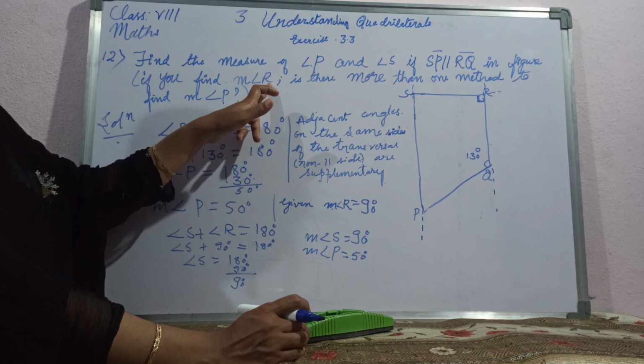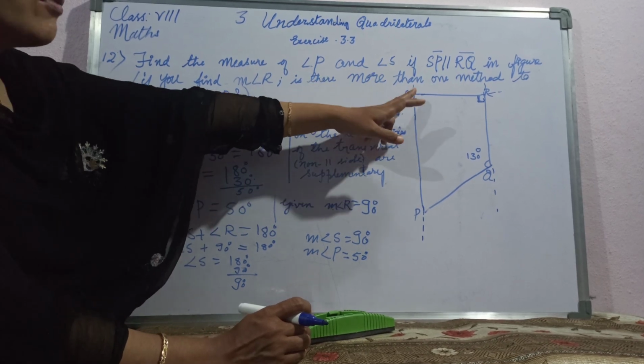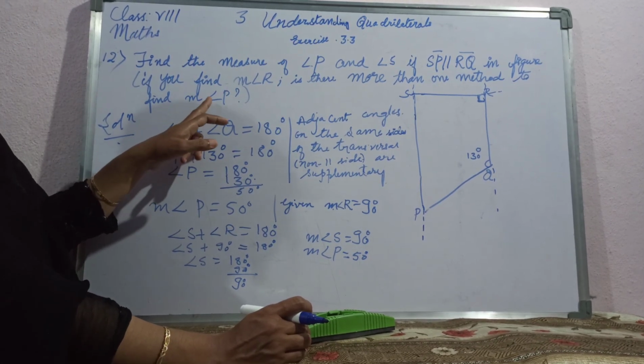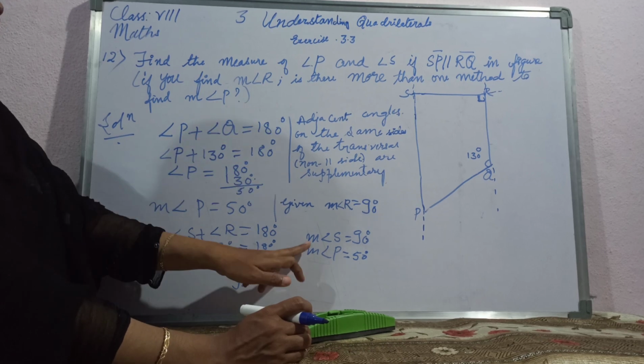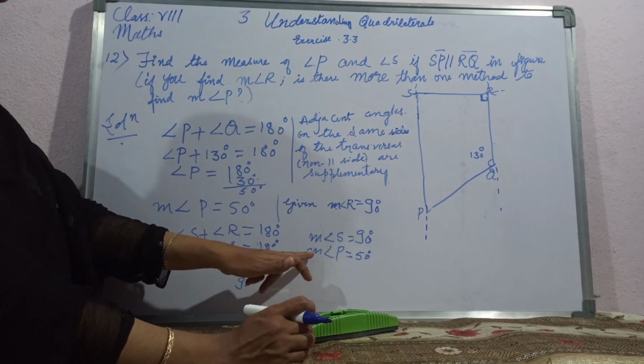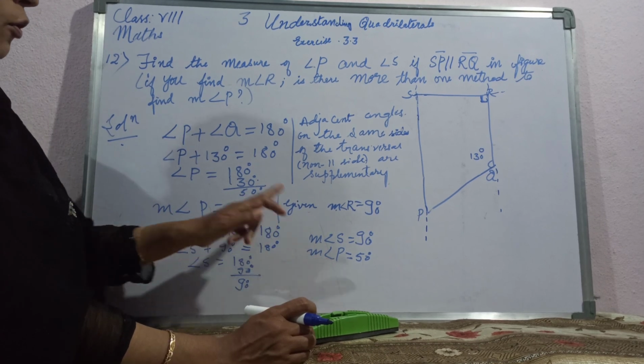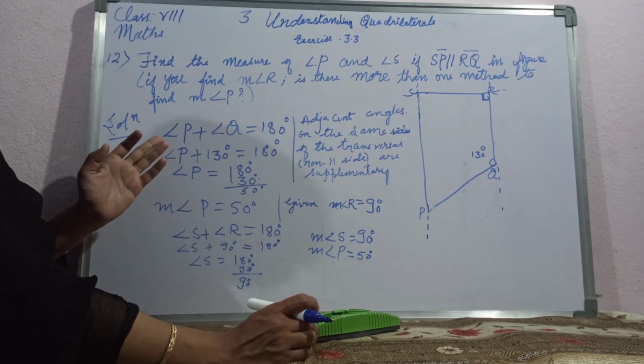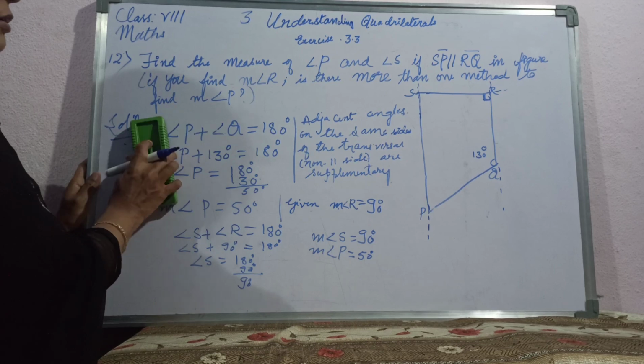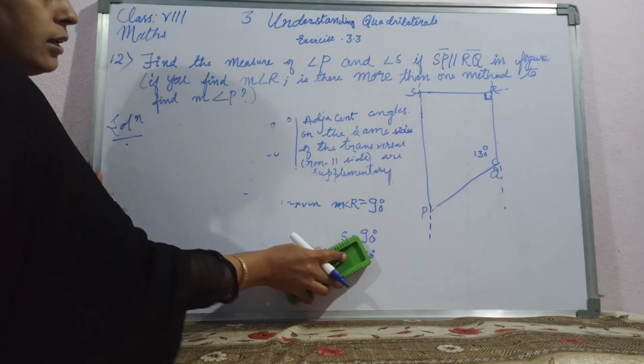This we were supposed to find, but as per the given question, is there more than one method to find measure of angle P? We found one way to find measure of angle P. Let us see, is there any other method?